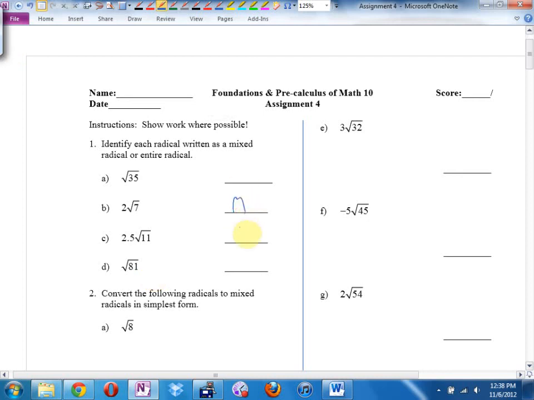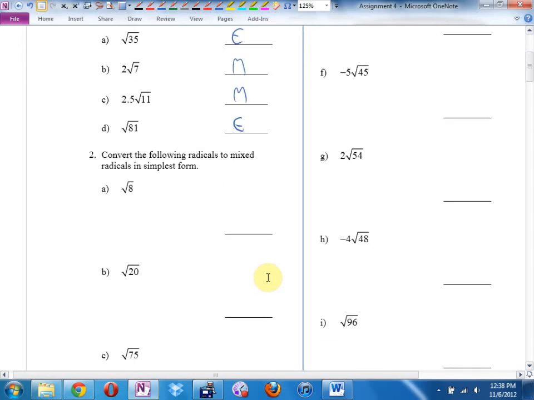That's a mixed radical, that's a mixed radical. Which of those are entire radicals? That's an entire radical, that's an entire radical. What do we mean by a mixed radical? A mixed radical has stuff inside the square root, but it also has stuff where? Outside. It's mixed.